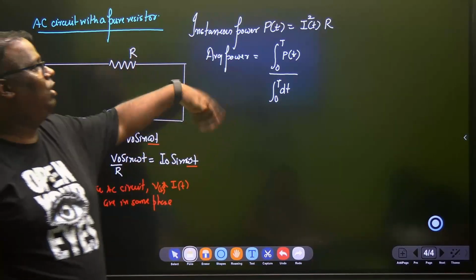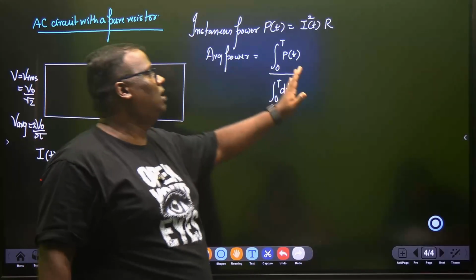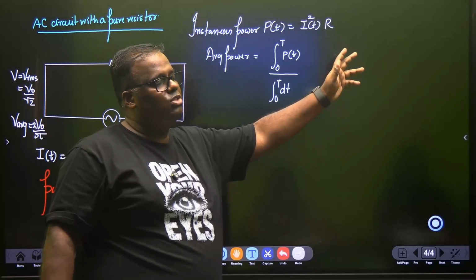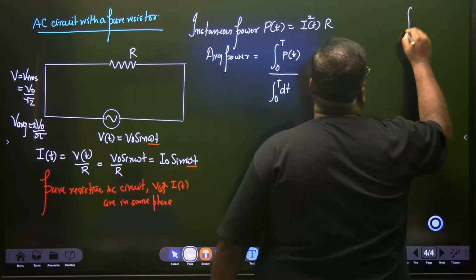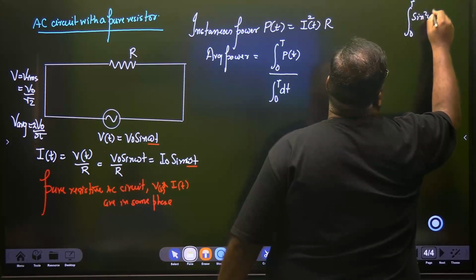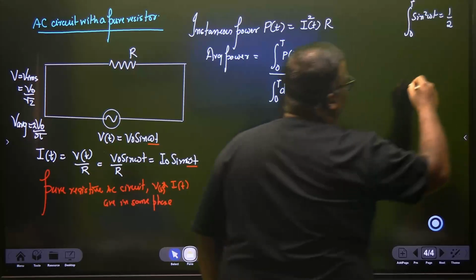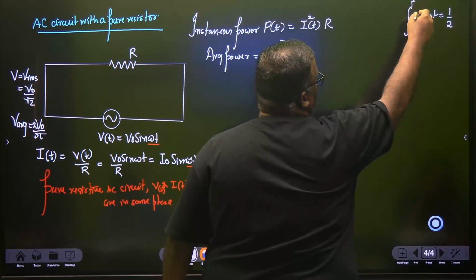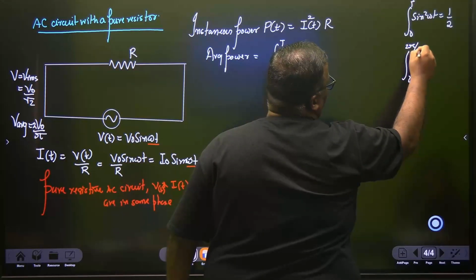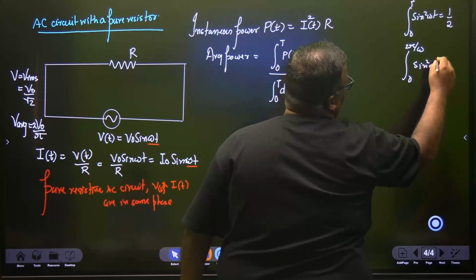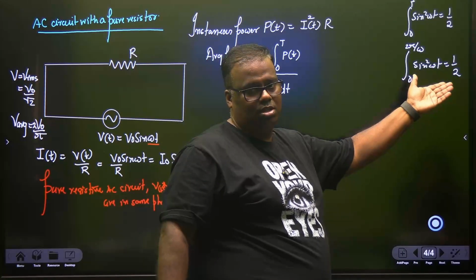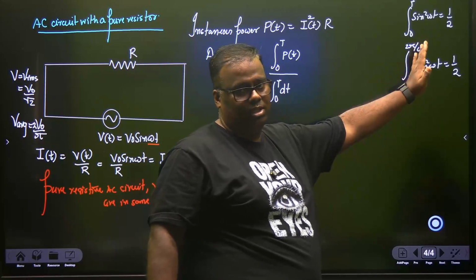Ultimately, you will have the equation of sine square omega t, and in your NCERT book they always write that the integral from 0 to t of sine square omega t is half, and you have also proved that, because sine square goes over the full cycle 2 pi by omega. This will be half. You can do it yourself: this will be 1 minus cos, and the half will be outside. That half remains, okay?